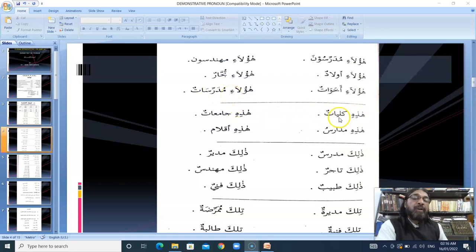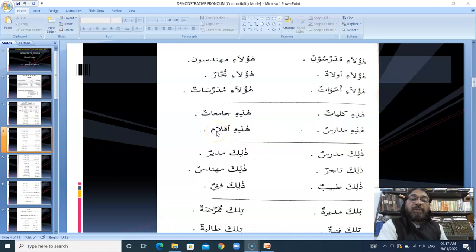Hazihi kulliyatun, these are colleges. So kulliyatun is a plural form, but non-living plurals will be considered as a singular feminine gender. That is why hazihi is used here. So these are colleges. Hazihi jami'atun, these are universities. Hazihi madarisu, these are schools.